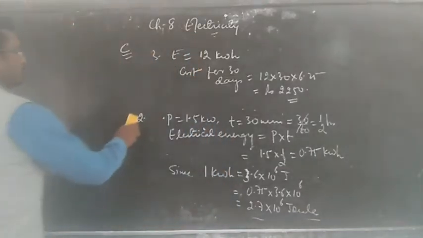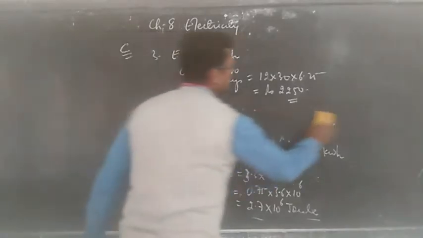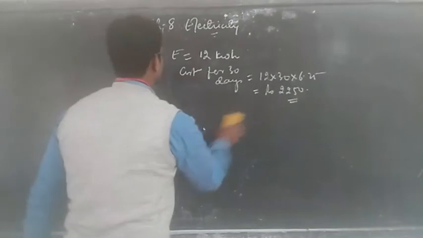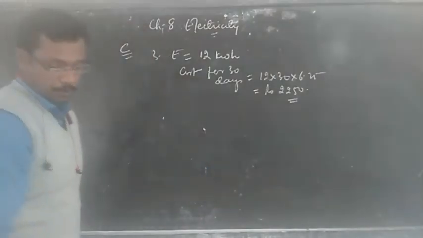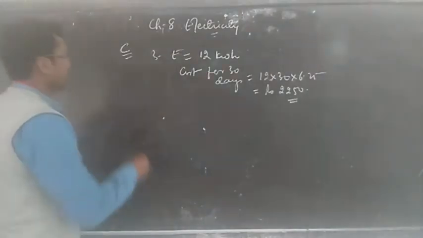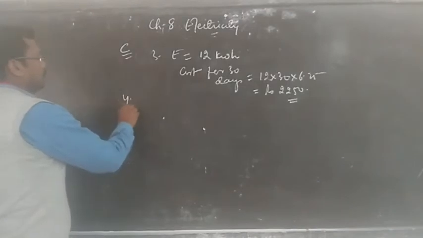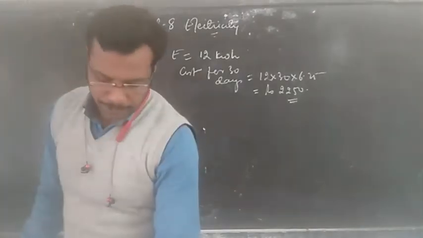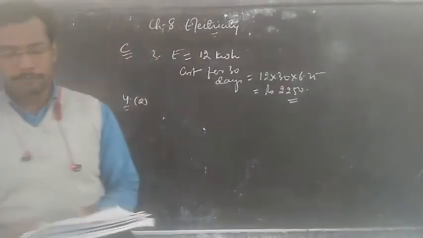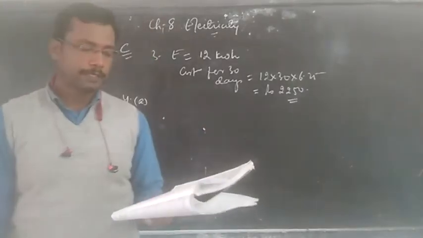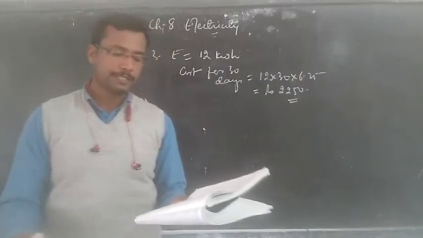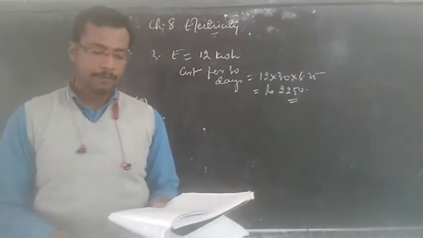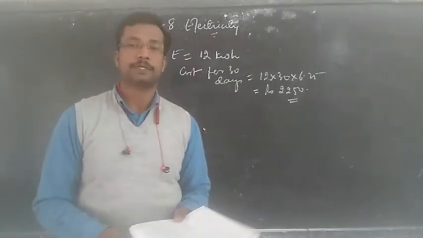Coming to the last question, number 4. In a premise 5 bulbs each of 100 watt, 2 fans each of 60 watt and 2 ACs each of 1.5 kilowatt are used for 5 hours per day. Find total power consumed per day.